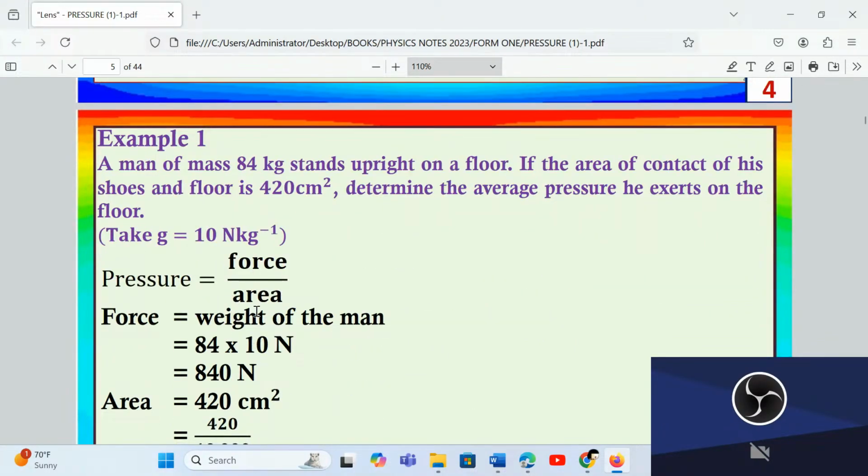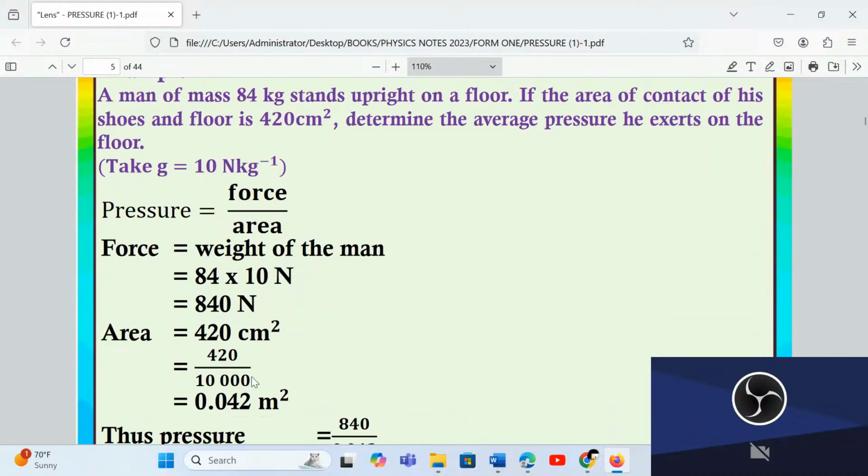Pressure is given by force over area. We are given the mass of this man. That is why the weight of this man will be given by mg. 84 is the mass, 10 newtons per kg is g. Then we arrive at 840 newtons. Then the area in contact is 420 square centimeters.